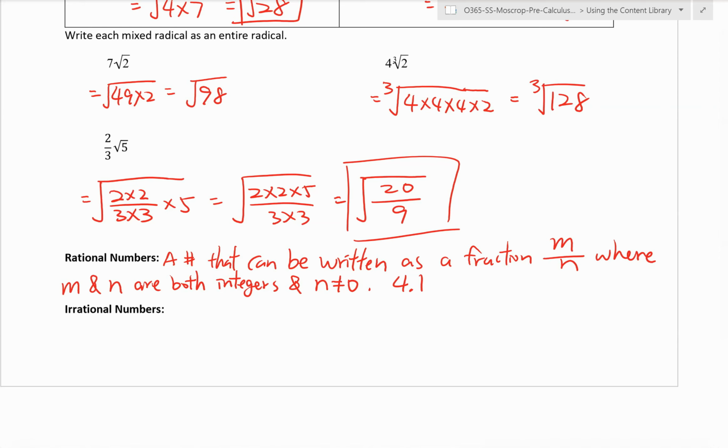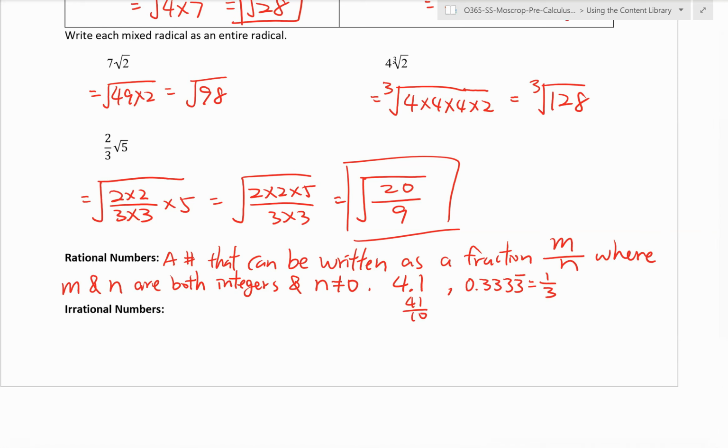There's nothing else after that. 0.3333 repeating is a rational number because it repeats. If you think about it, 0.333 repeating is really just 1 over 3, which can be written as a fraction. 4.1 can be written as a fraction too. This is simply 41 out of 10. That's why they are rational numbers, because they can be written as a fraction m over n, where m and n are both integers.